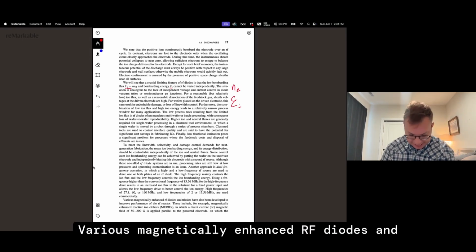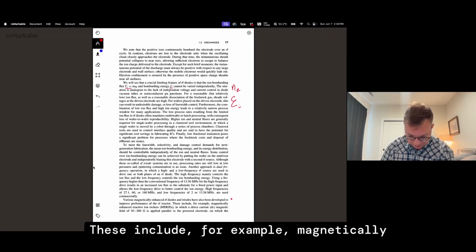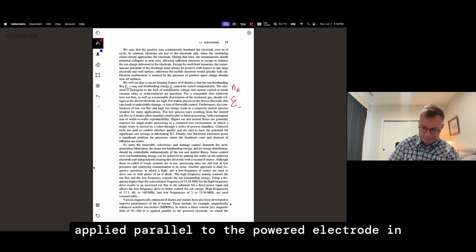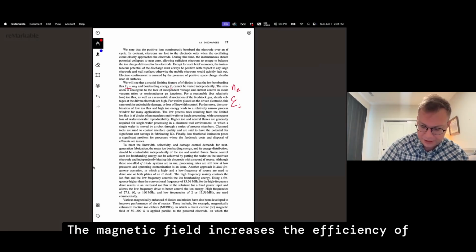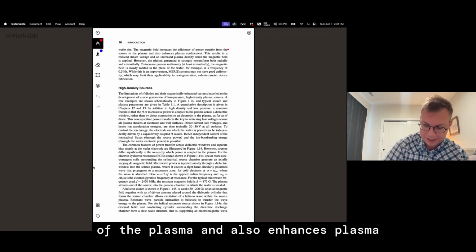Various magnetically enhanced RF diodes and triodes have also been developed to improve performance of the RF reactor. These include, for example, magnetically enhanced reactive ion etchers, in which direct current magnetic fields of 50 to 300 Gauss are applied parallel to the powered electrode in which the wafer sits. The magnetic field increases the efficiency of power transfer from the source to the plasma and also enhances plasma confinement.